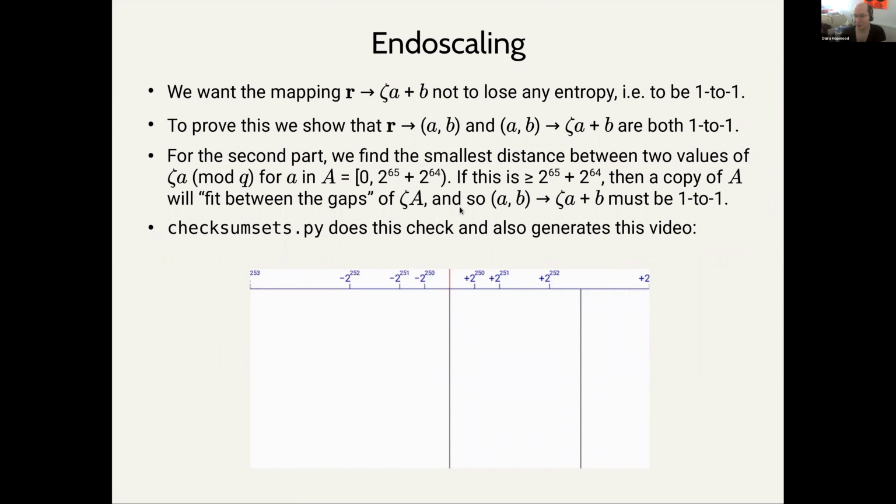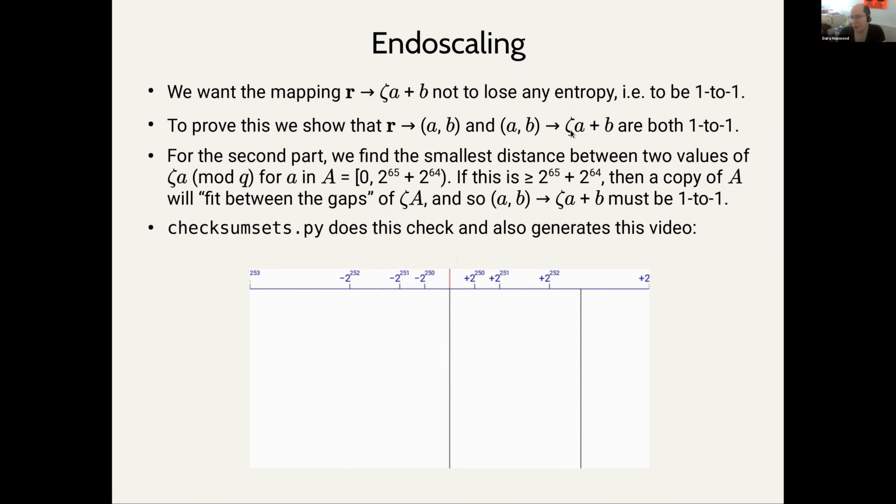And then for the second part, consider the smallest distance between 2 values of zeta A. With this A and B, we know that they're within a particular range, starting at 0 and ending in this case at 2 to the 65 plus 2 to the 64.